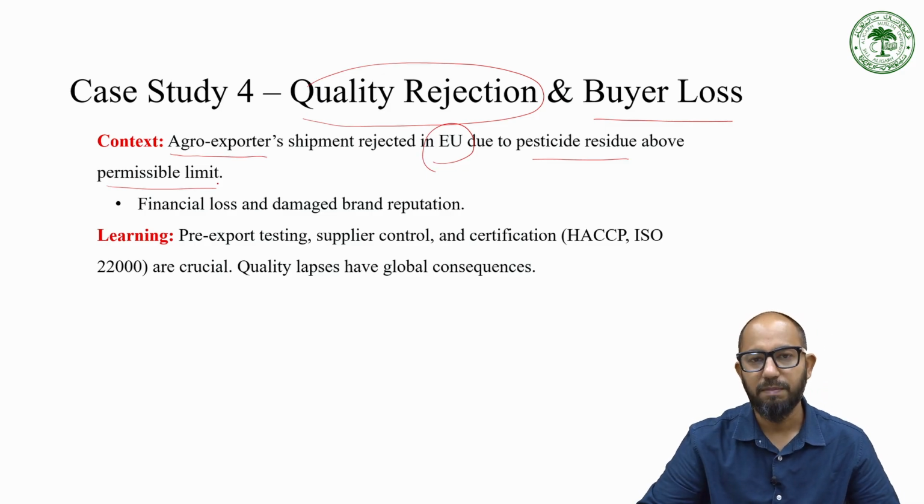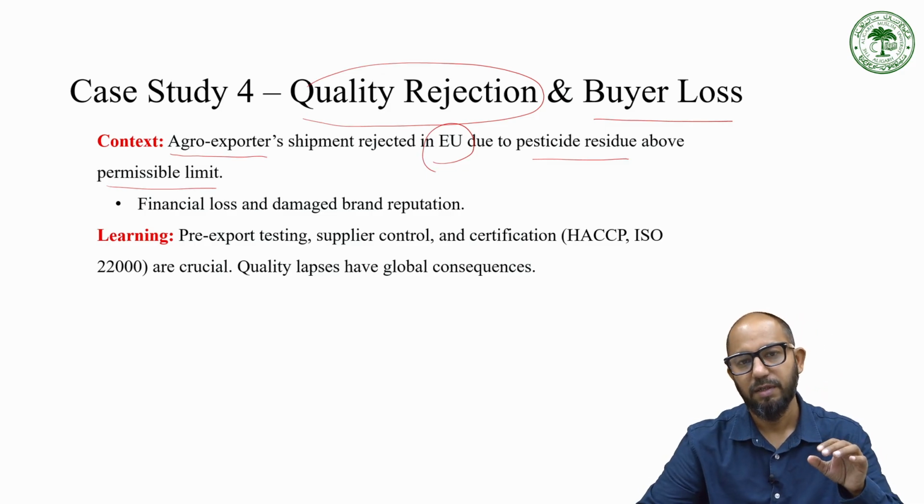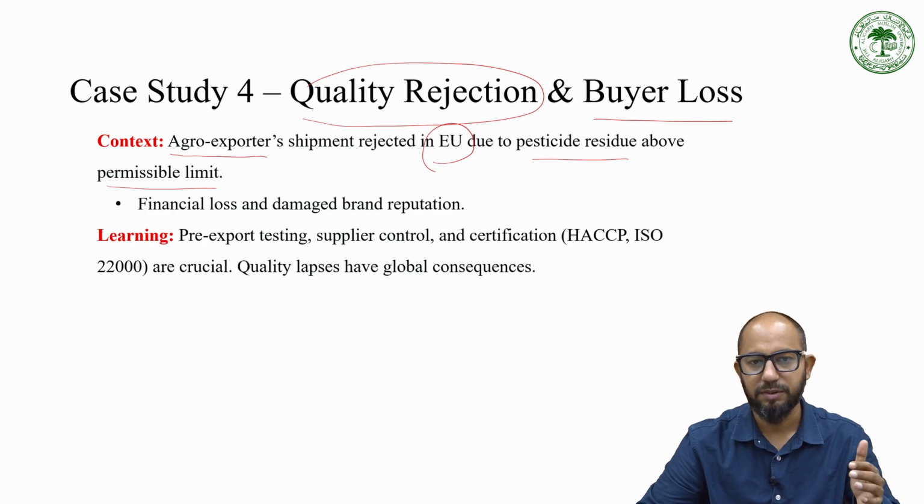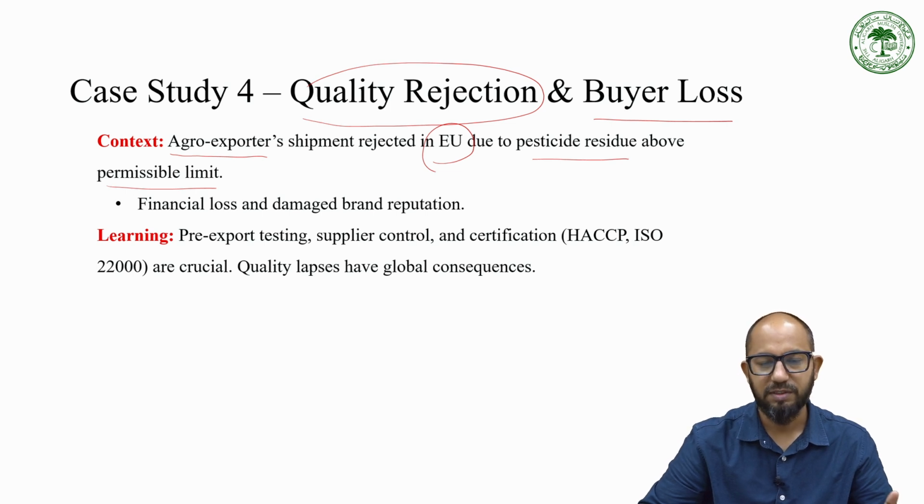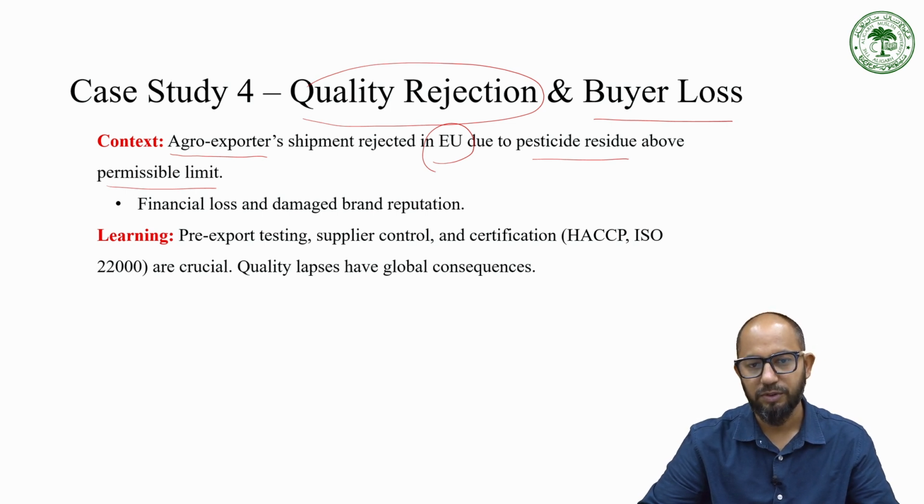Now, this comes under the pesticide requirement, pesticide content, which is allowed under the international standards and conventions. According to the European standards and conventions, the exporter's shipment has been rejected.